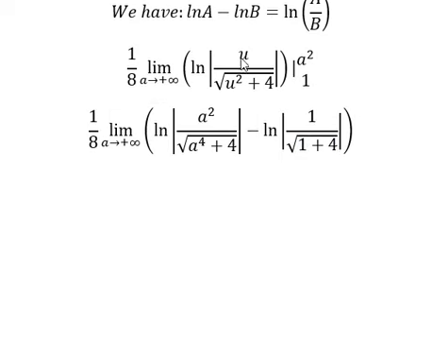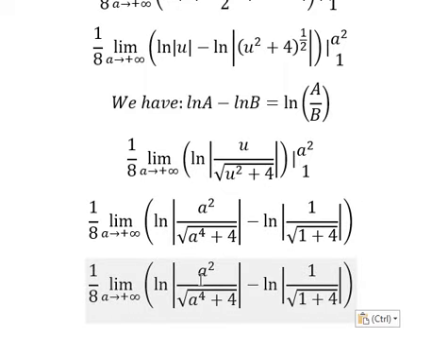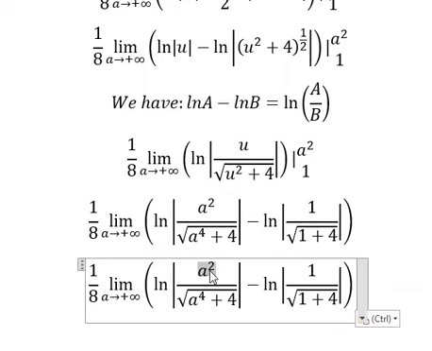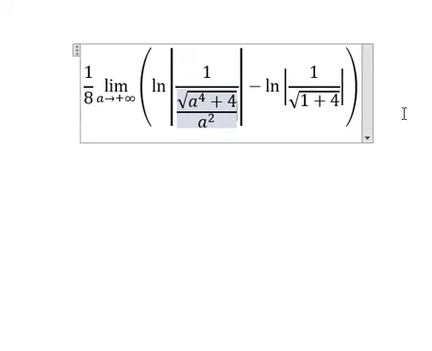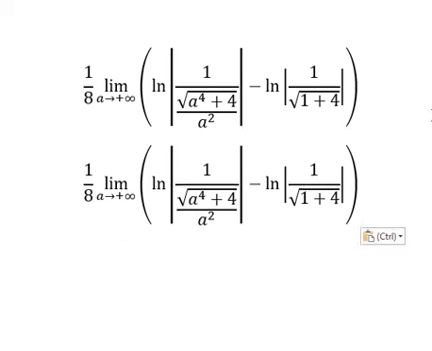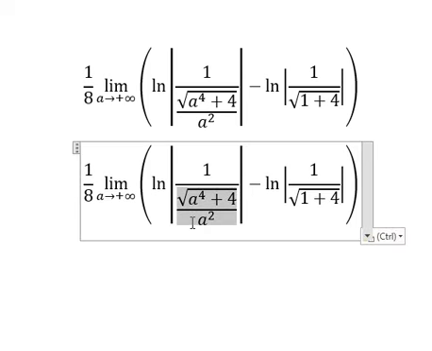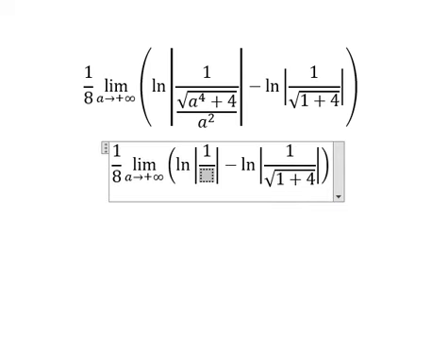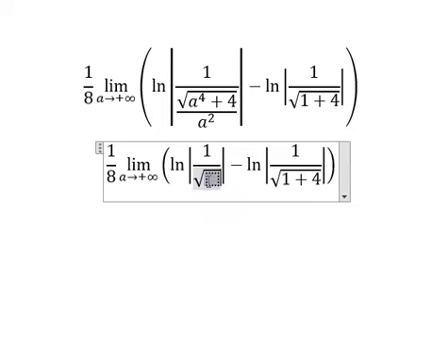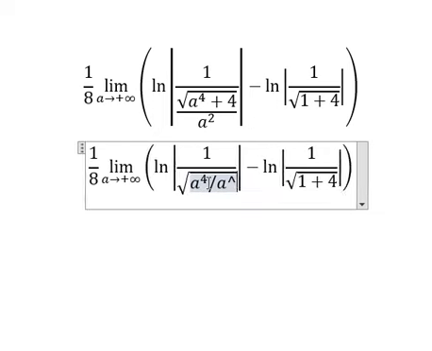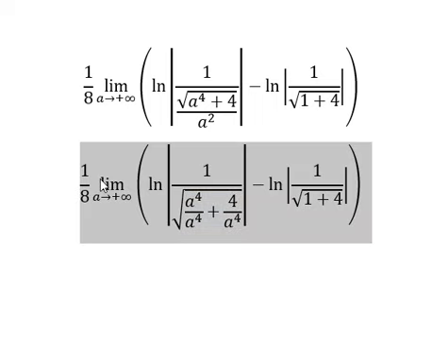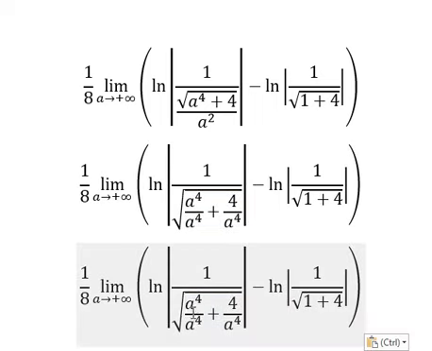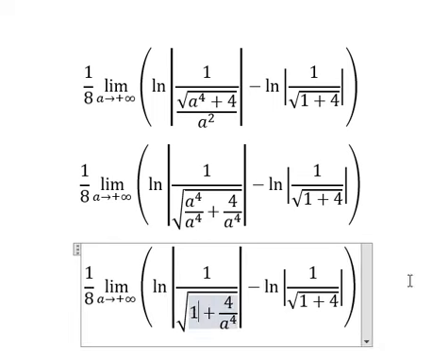So we divide by a square on numerator and denominator. So this one goes inside the square root. This one we have number 1.